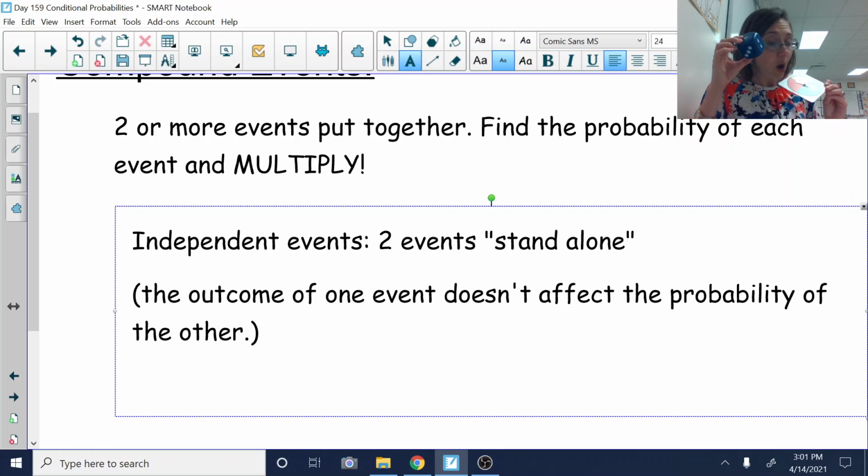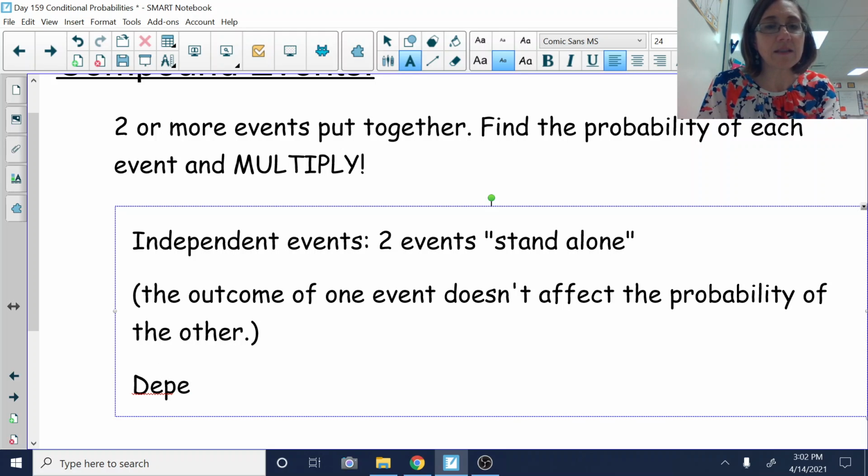The dice isn't like, ooh, you were red, I should be a 2. No, that's not a thing. So those are independent events. And that seems pretty obvious. But sometimes these can be tricky, actually. So let's look at dependent events. That would be the opposite thing.